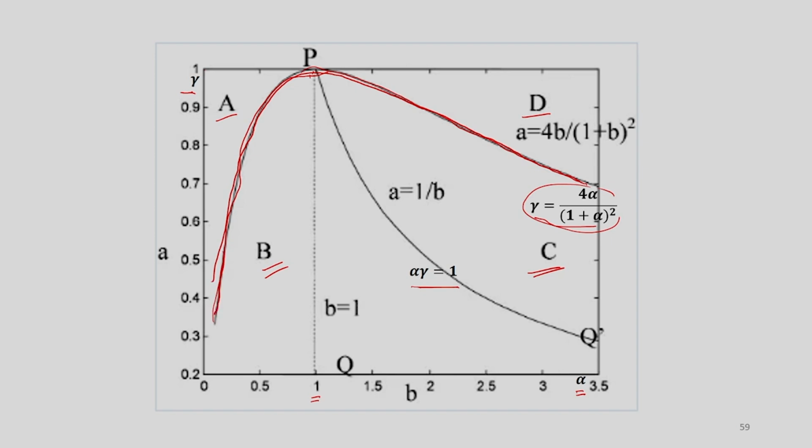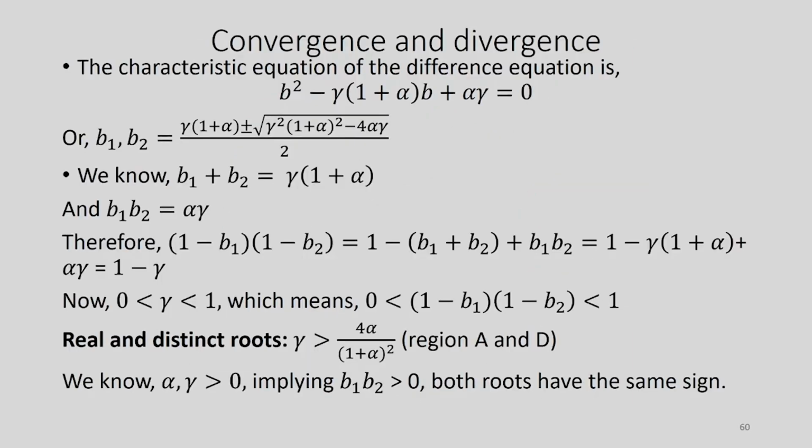All right. Now, question is, when do we have convergence, when do we have divergence, and what is the nature of convergence if there is convergence? These are the important questions that we are going to deal with.